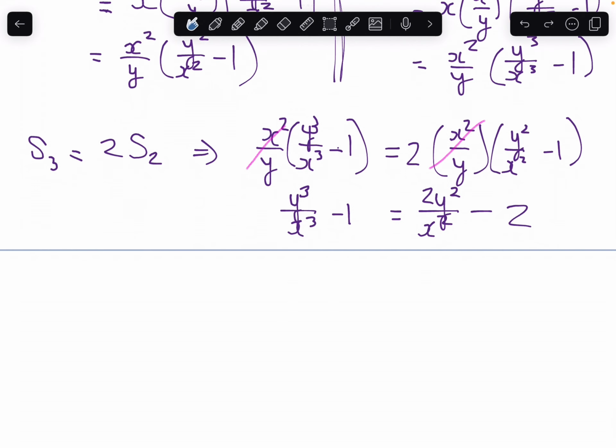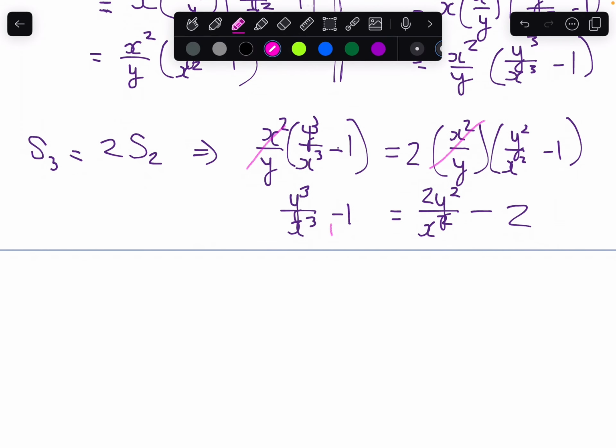So we can just add 1 on both sides. So we end up with y cubed over x cubed is equal to 2y squared over x squared minus 1. Okay, just going to move this term.